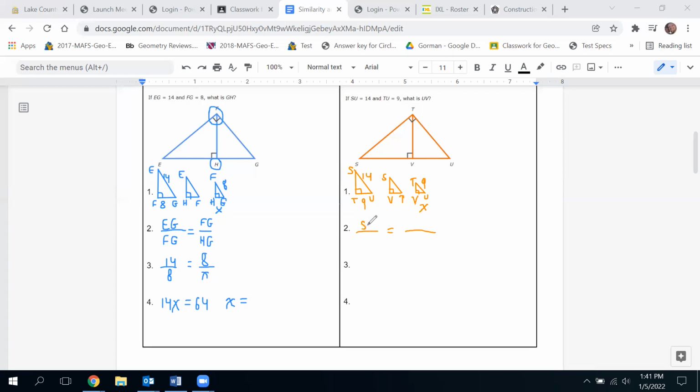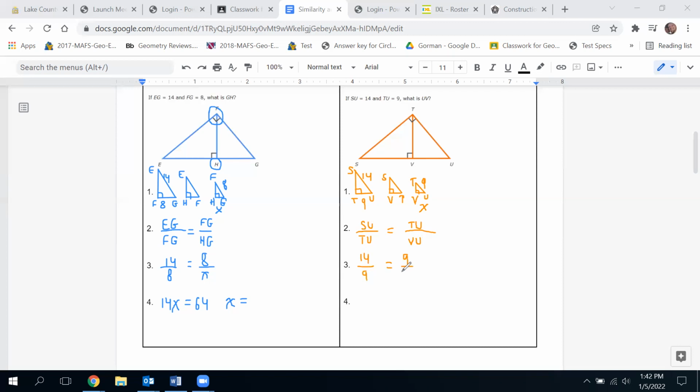So it's going to be hypotenuse SU over hypotenuse TU, and short side TU over short side VU. Substituting for SU, we have 14. And substituting for TU, we have 9.